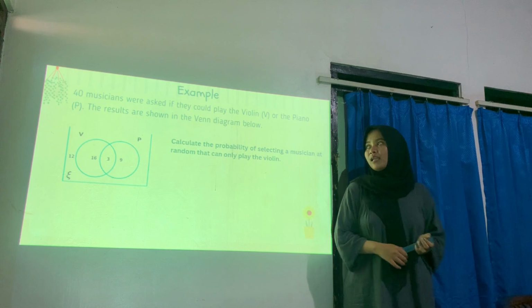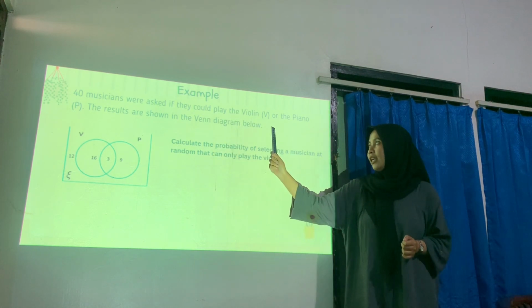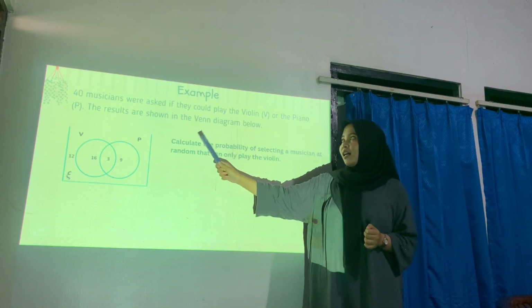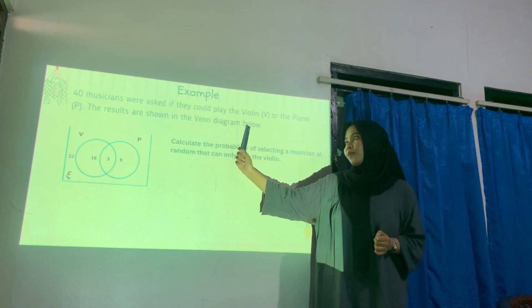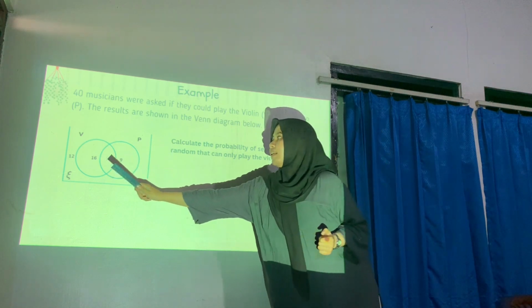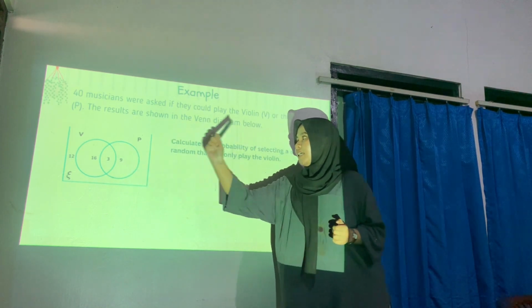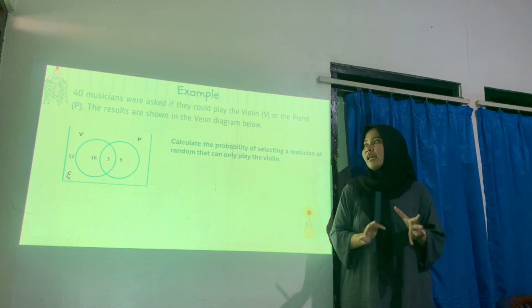The example is: 40 musicians were asked if they could play the violin or the piano. The results are shown in the Venn diagram below. We know that 16 musicians like violin and 9 musicians like piano, and 3 are musicians who like violin and piano.